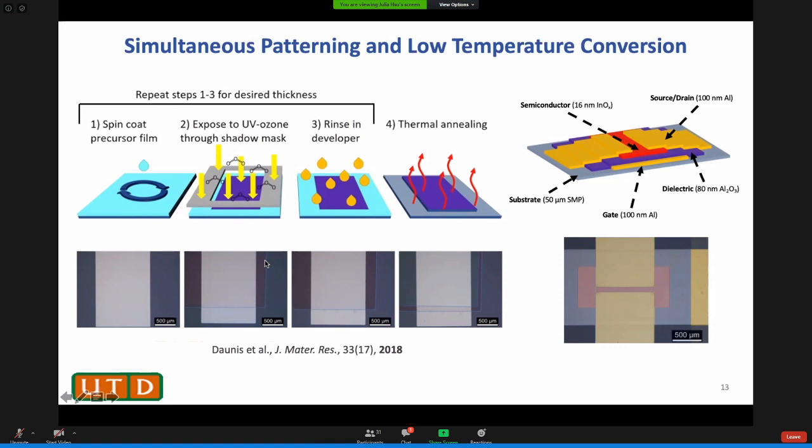The blue region is actually the gate dielectric, his aluminum oxide, occupying the whole thing here. The reddish part is the indium oxide semiconductor. This is the bottom gate. This is the source and drain. And here's the channel. So we can make transistors this way on flexible substrates.